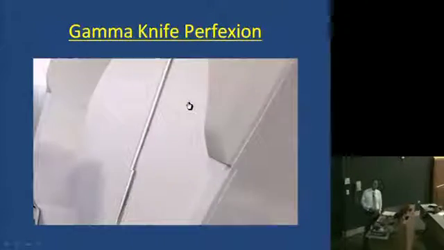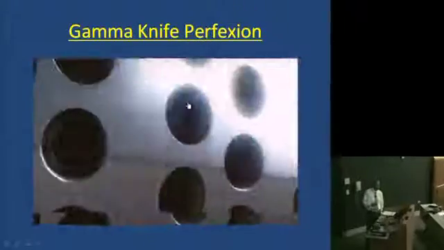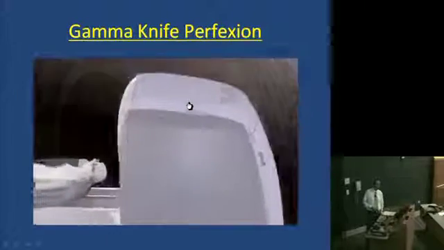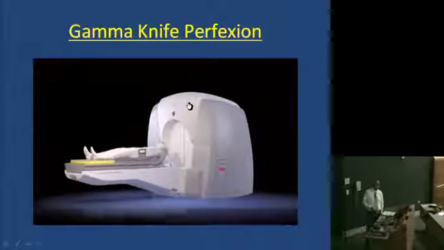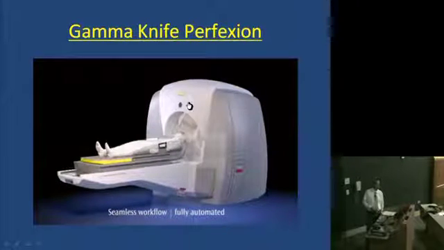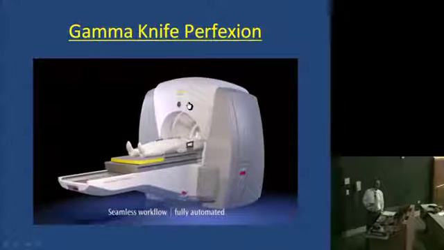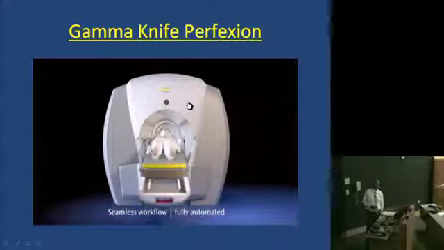Here it shows you the process of how the gamma knife is delivered in these patients. The patient is fixed in the frame and is moved into the helmet of the gamma knife. You can adjust the patient's position any way you like.